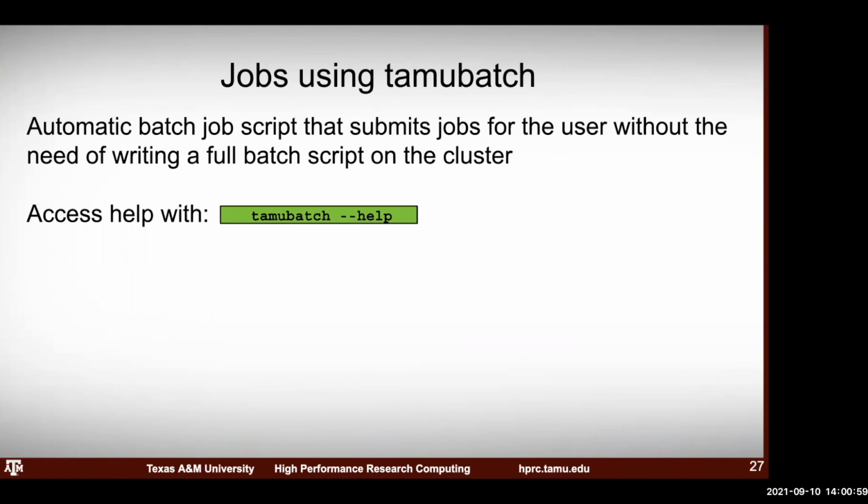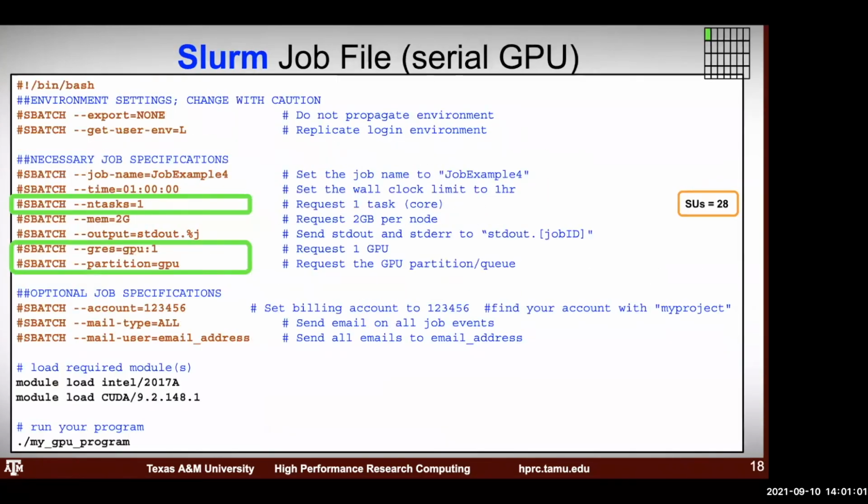However, as a little pro tip, these job files that I showed you here are available on our wiki, hprc.timeout.edu/wiki. If you go to either Grace or Terra, you can find the batch job examples, and you'll see this text or very similar text.